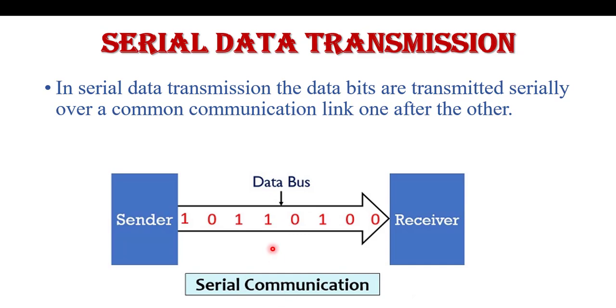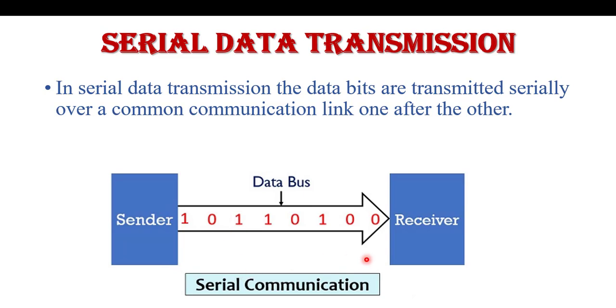In serial communication, information can be transmitted over a long distance because only a single channel is required. But in parallel data transmission, if we send n number of bits, n number of channels are required to send the data.